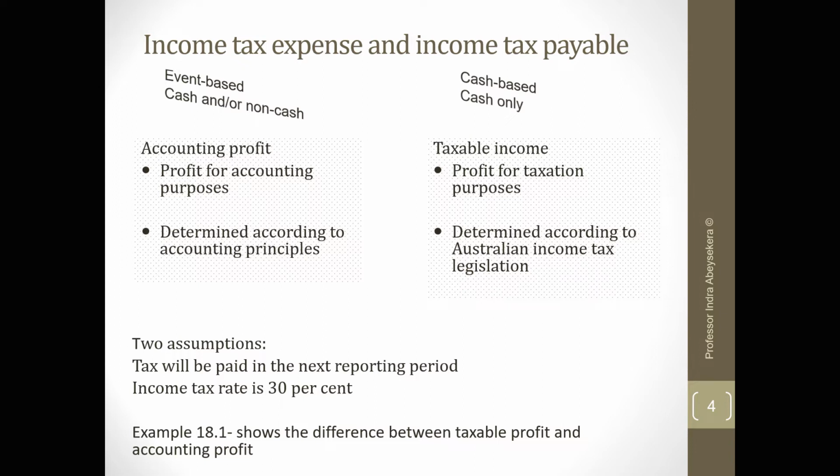To go forward, we are making two assumptions. The tax will be paid in the next reporting period, and the income tax rate is 30%, and the tax calculations are based on the cash transactions, for the cash received or paid during the reporting period.